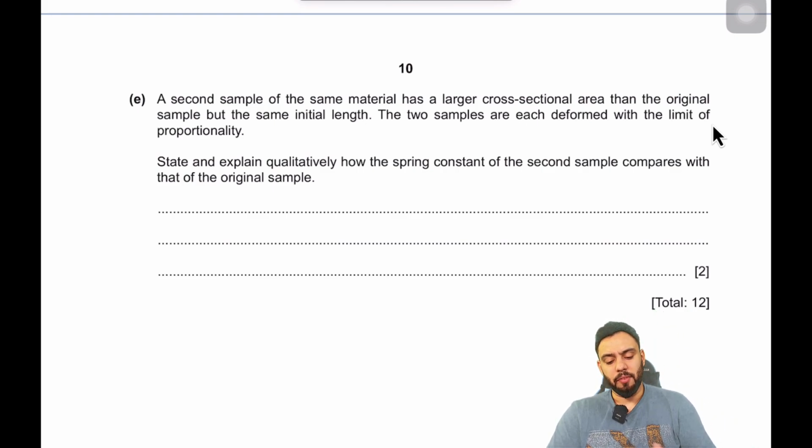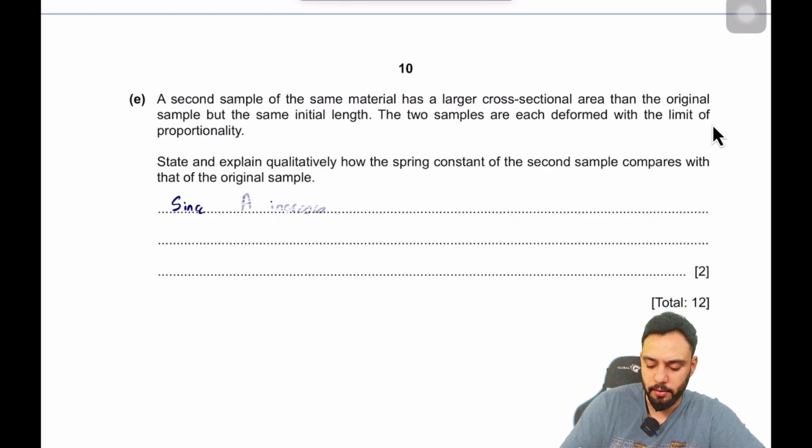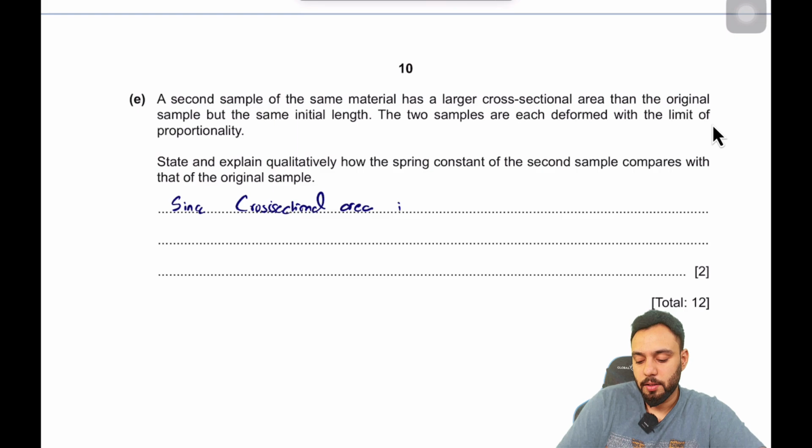Quite simple. Definitely, if the cross-section area is increased, the extension would be less. So initially, you'll write that since cross-section area increases, extension is less.